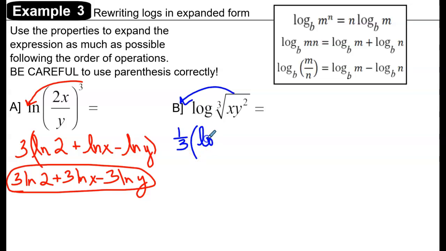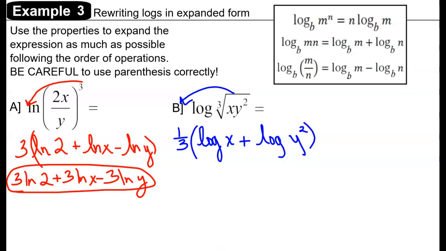Then I have a common log, and this is just a product inside of the argument. So we have a common log of x plus, using the product property, a common log of y squared.